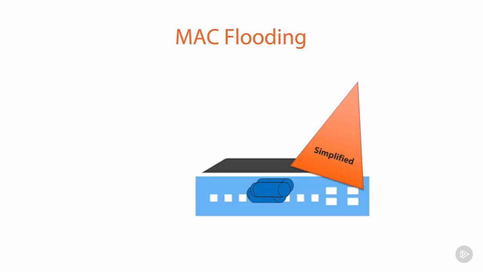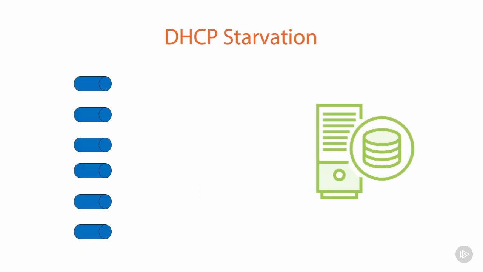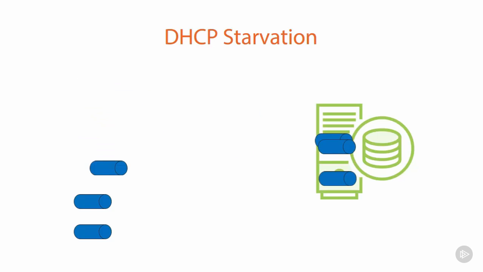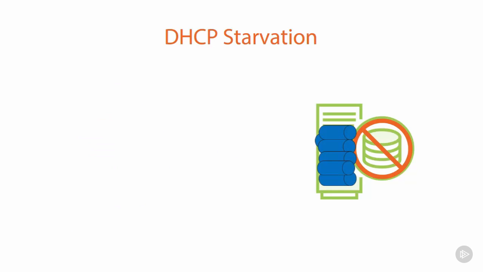The next type of pen test that I want to do would be a DHCP starvation attack. Again, we have a DHCP server that has a database of IP addresses that it's issuing out, kind of the pool of our IPs. Well, what we do is we simply broadcast DHCP requests with spoofed MAC addresses. It eventually exhausts the DHCP server's address space, or it uses up the pool.